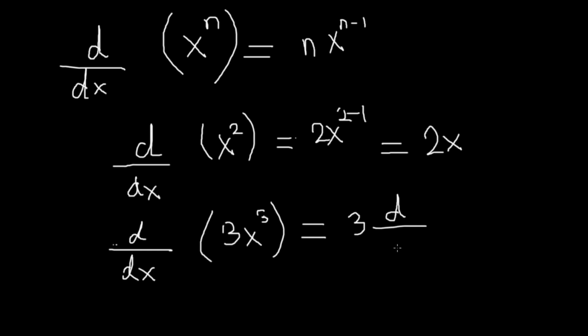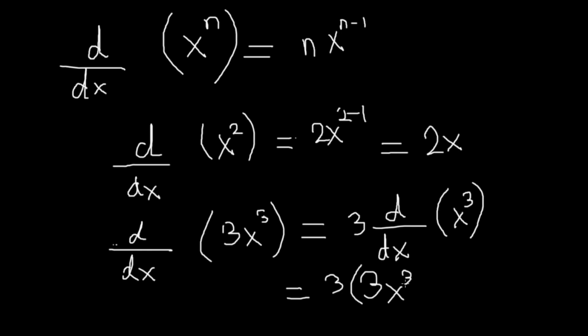It's 3 times d over dx of x cubed. And now you apply the power rule. 3 times, bring 3 in the front, 3x to the power 3 minus 1. 3 times 3 is 9. 3 minus 1 is 2. So it's 9x squared.